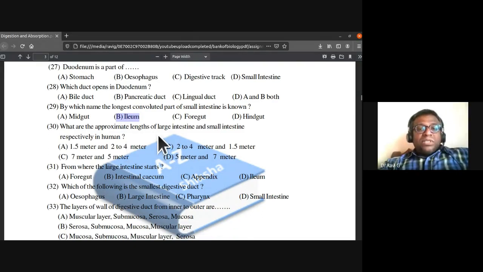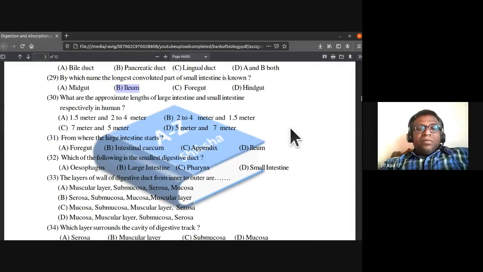What are the approximate lengths of large intestine and small intestine respectively in human beings? This is not the content they have given in the NCERT part of it.